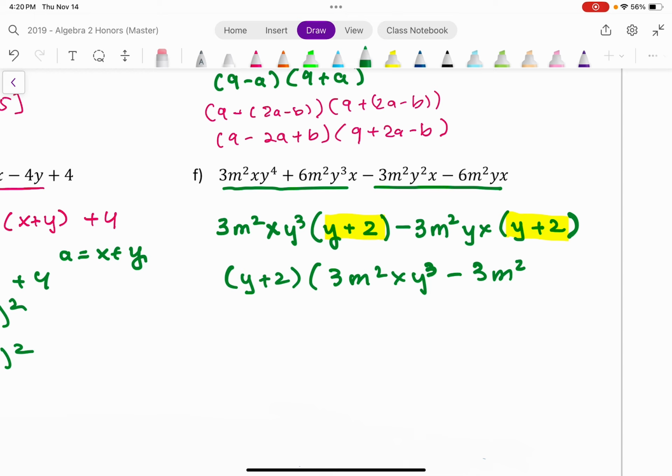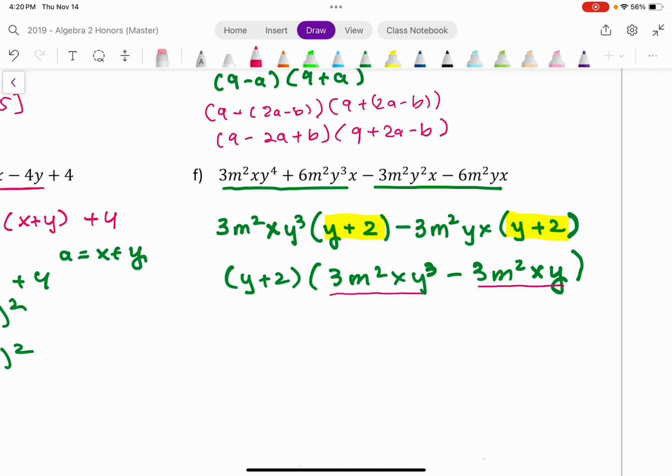I'm probably going to rearrange this as xy just because multiplication is commutative. So you might think you're done, but I can tell that I missed the GCF because these two have a common factor. So you should always mentally check the factors that I have, do they factor further?